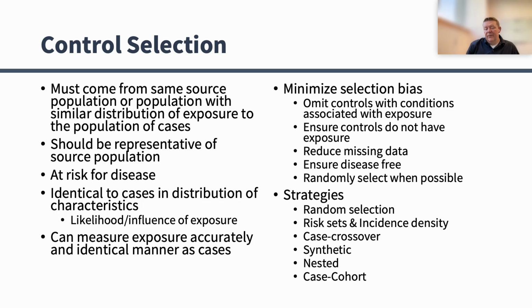We don't want to avoid getting controls that have the exposure. We want to include people regardless of their exposure status, reduce missing data, and ensure that they don't have the condition.